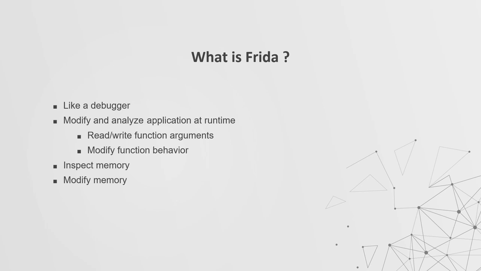So in other words, Frida is like a debugger. It helps you modify and analyze applications at runtime, which means that you as the tester can be in control of how the application behaves, which makes it really powerful when it comes to testing mobile applications. Apart from that, it also allows you to inspect and modify memory content.